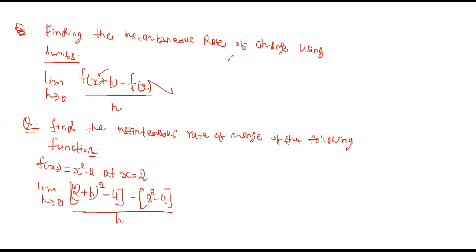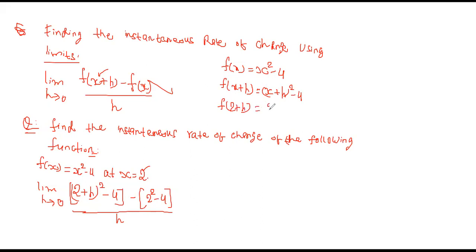I'm explaining. Actually, this is f of x equal to x square minus 4. When you put f of x plus h, it means you will put x plus h in the place of x. You know this part? But here, what is x? 2. So you will write 2 plus h.